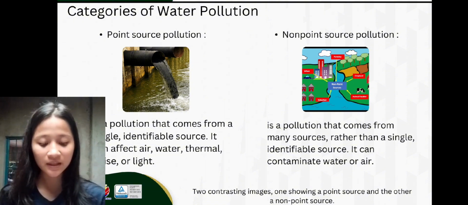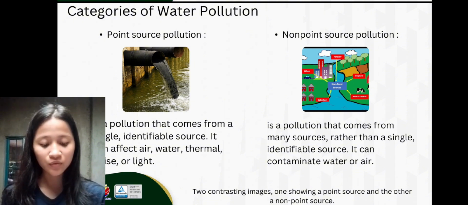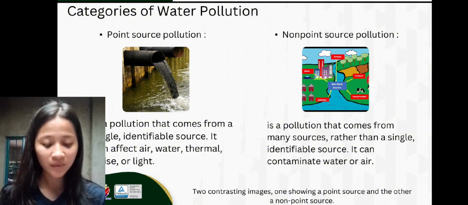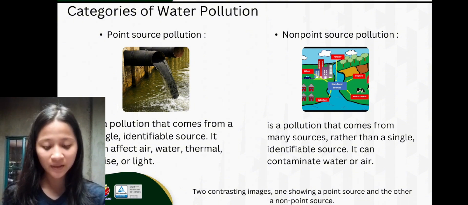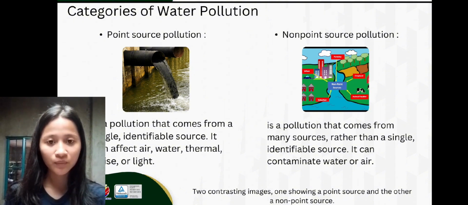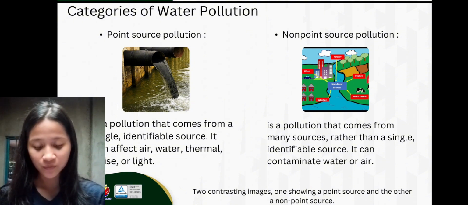So, merong iba't ibang sanhi ng polusyon ng tubig. Una, ang pagtapon ng basura sa mga ilog at dagat, pagtapon ng dumi mula sa mga pabrika at industriya, at paggamit ng mga chemical sa agrikultura. Ito yung one point source of pollution.